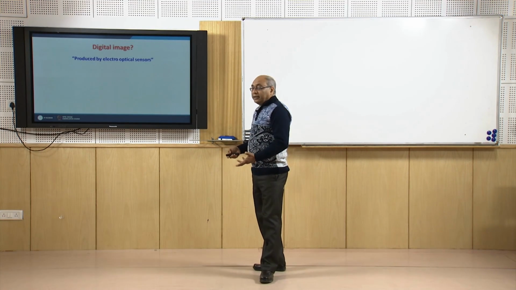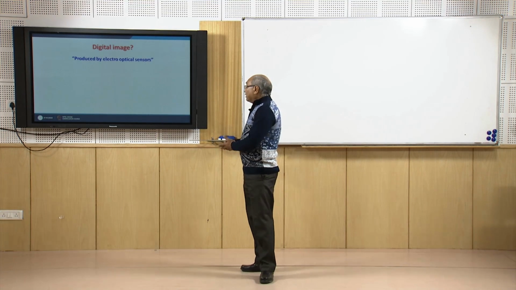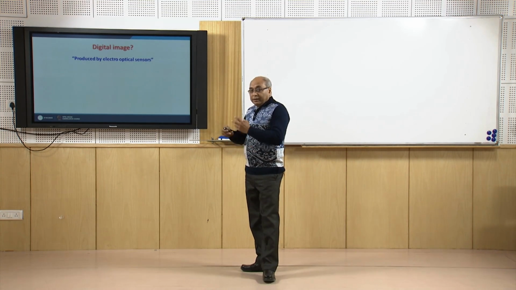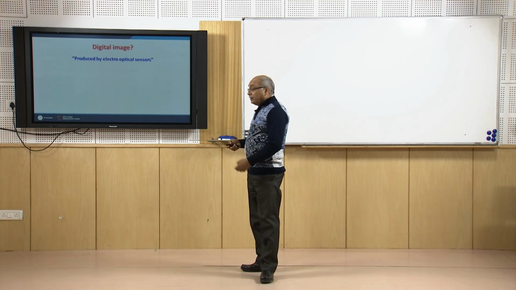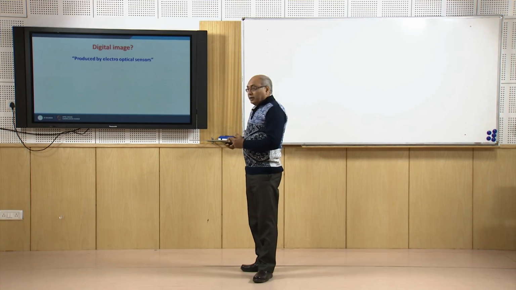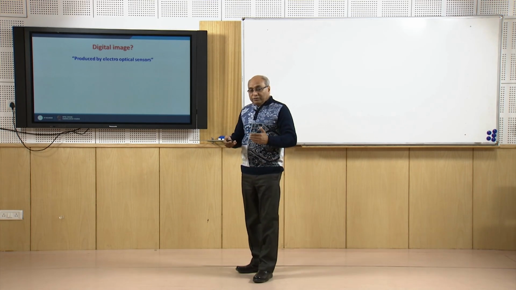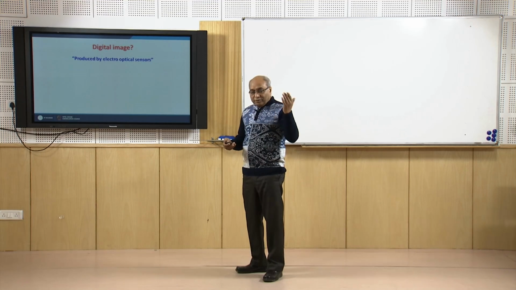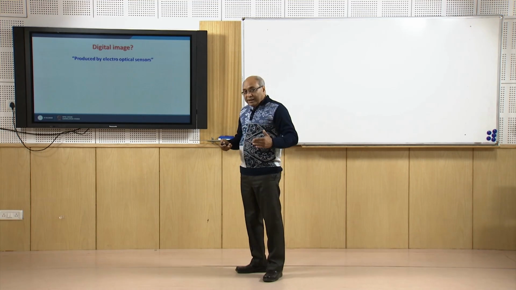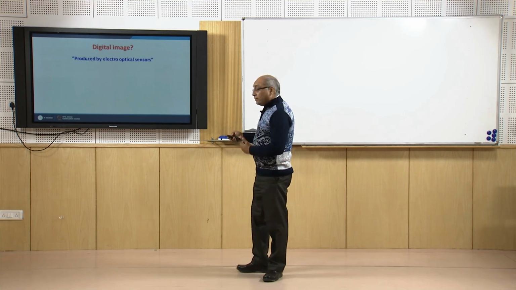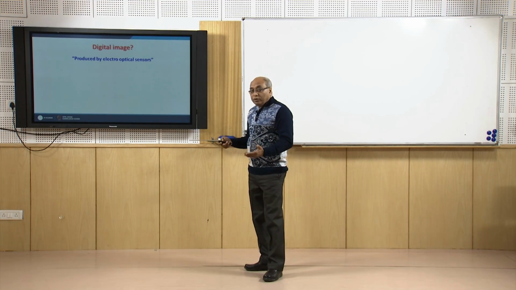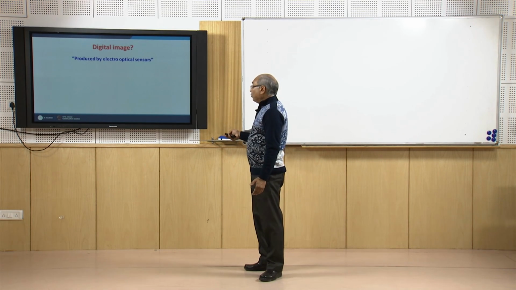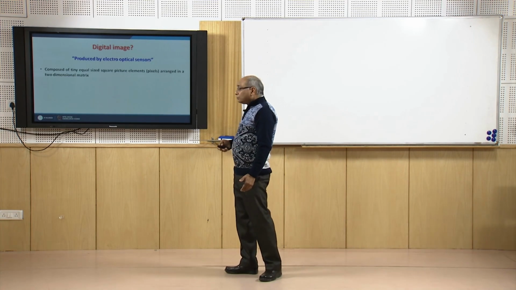A digital image is basically produced by electro-optical sensors. Whether the sensor is on a satellite or any other device, there is a lot of similarity between tabletop or flatbed scanners and scanners in space. They scan line by line and produce images of any document or map or part of the earth using the concept of electro-optical sensors.